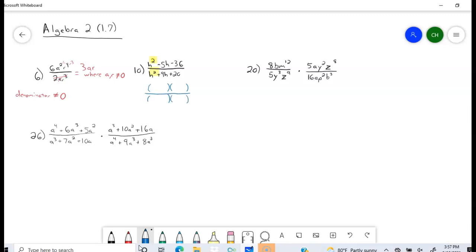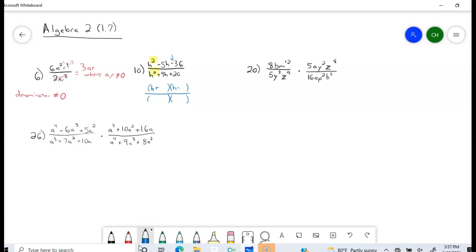All right, we've talked about this. The first two terms are going to multiply to equal h squared, so that's got to be h and h. Next thing I'm looking at is this sign right here. Because it's a negative, I know that they're going to be opposite of each other. One's going to be plus, one's going to be a minus.